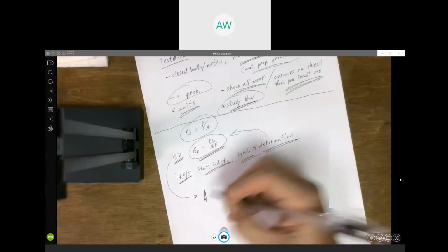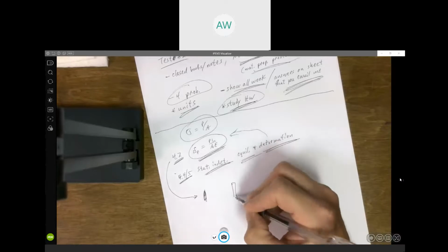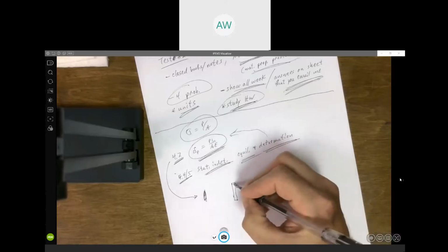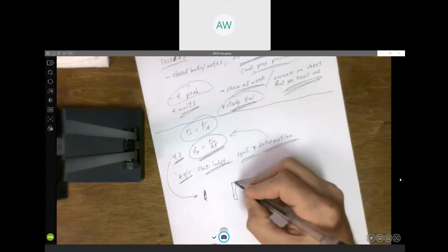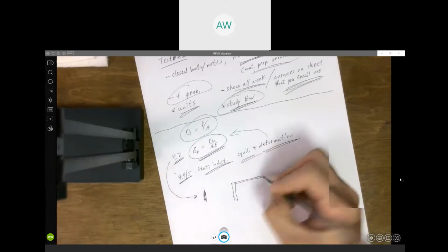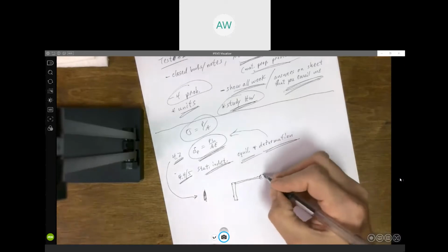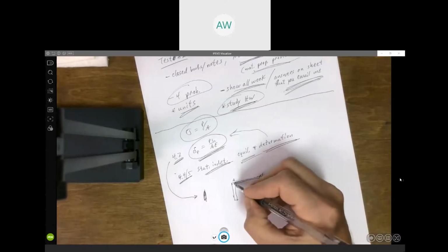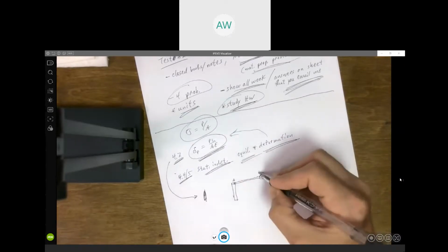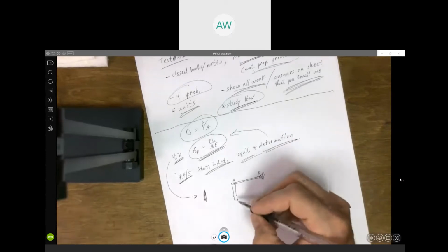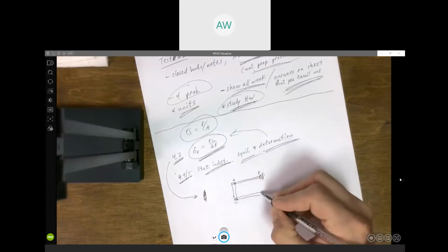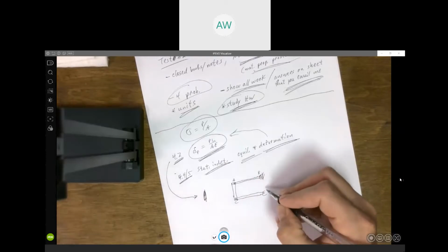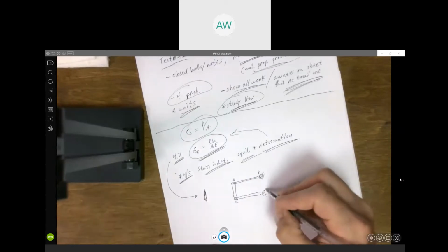All right, so this thing is rigid. So we got a bar attached here. This is this pin here. This is AB. And over here, we got another pin at C. And that's B.